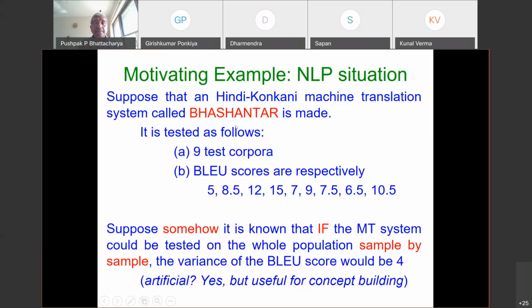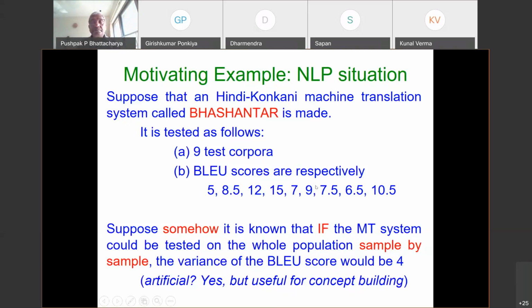And that system has been tested on 9 test corpora. And the BLEU scores on these 9 test corpora are 5, 8.5, 12, 15, 7, 9, 7.5, 6.5, and 10.5. So this is a set of BLEU scores, that is performance figures based on 9 test corpora.